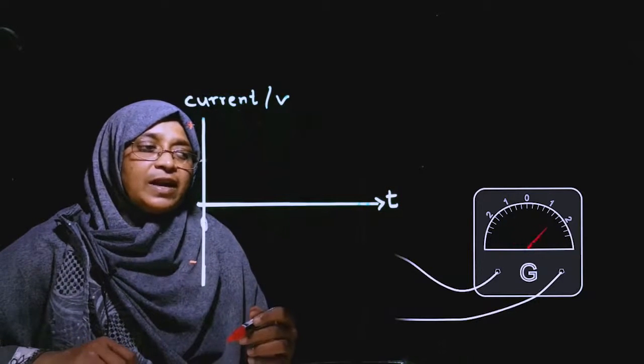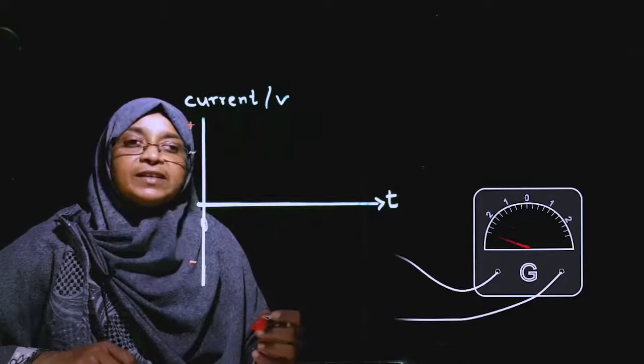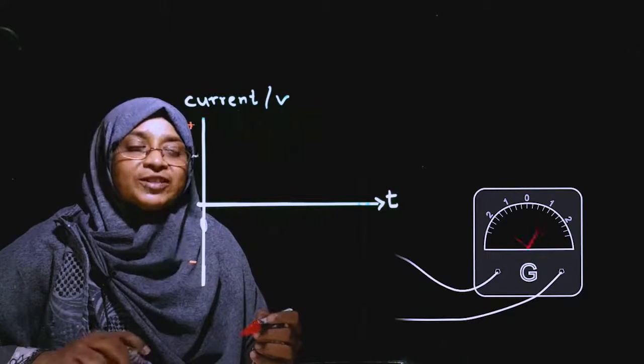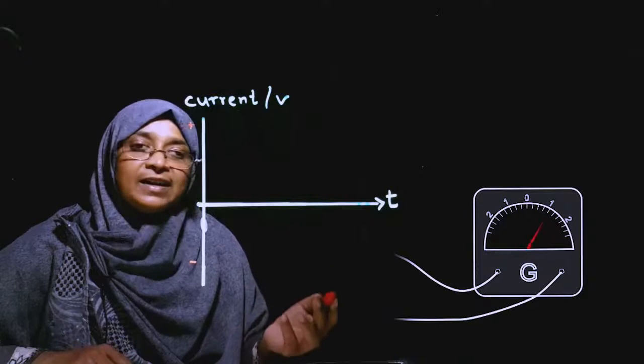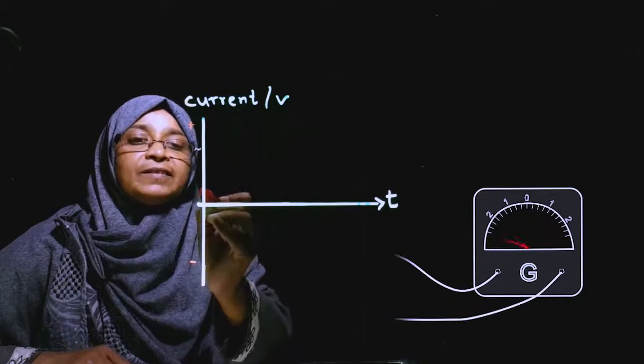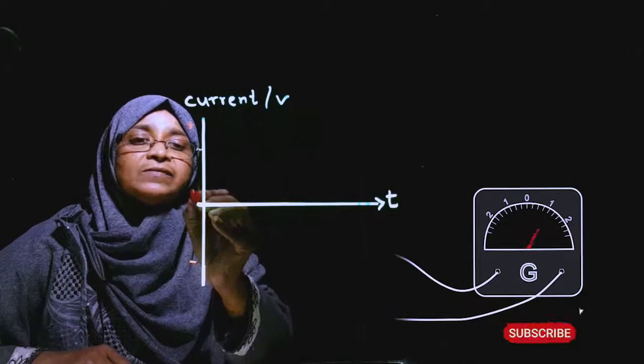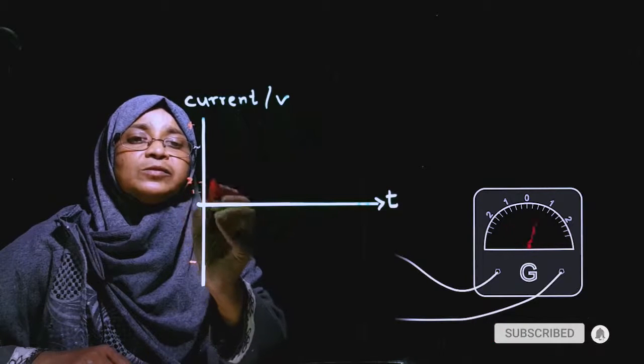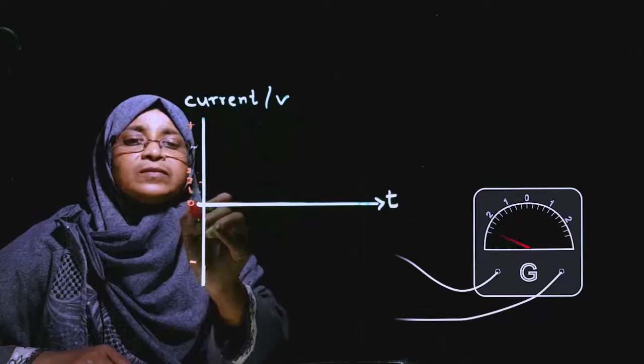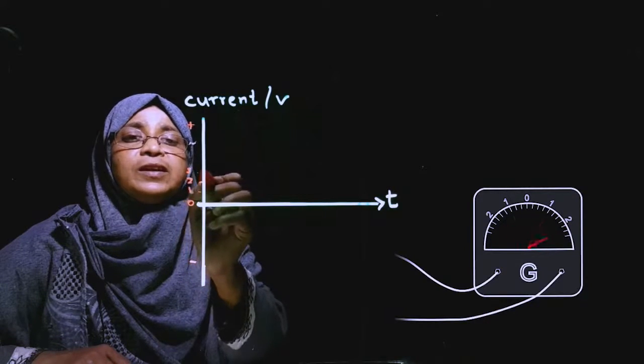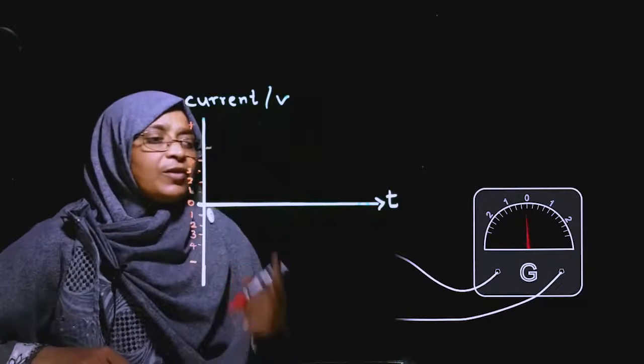Now, let's observe the galvanometer in slow motion. The current, we can mark 1, 2, 0, 1, 2, 3. Okay.